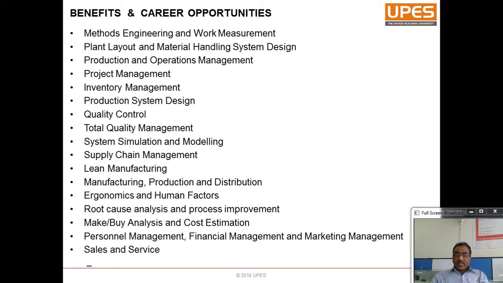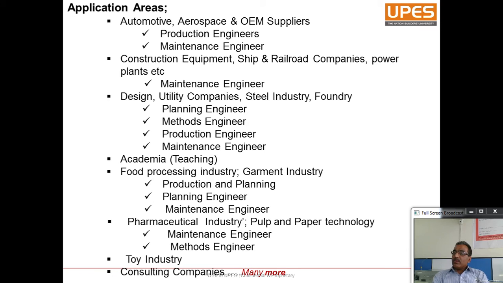Some of the benefits or career opportunities: one can go as a methods engineer, work in developing plant layout or material handling systems, or work in production and operation planning and management, quality control, total quality management, production, manufacturing, ergonomics, supply chain management, and lean manufacturing or lean techniques.